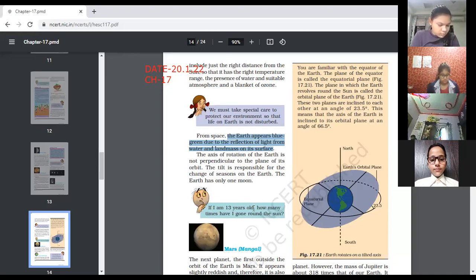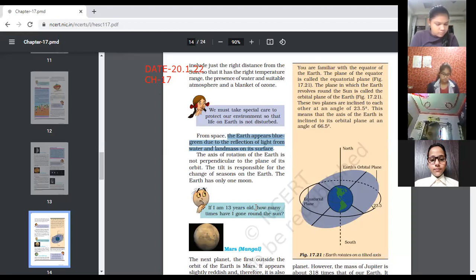If I am 13 years old, how many times have I gone round the sun? So tell me how many years old you are and how many turns you have taken around the sun with the Earth, because Earth takes 365 days to go around the sun.